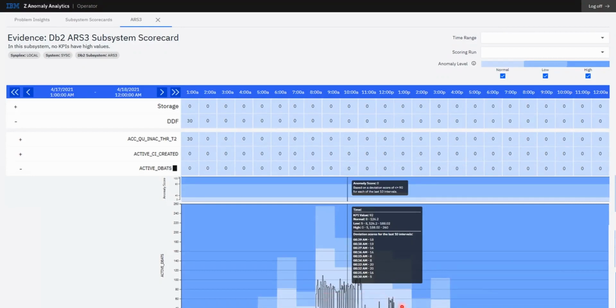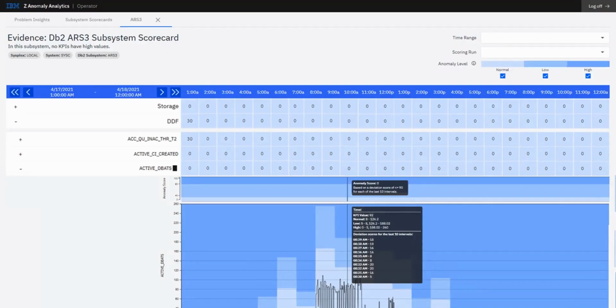Then as we get closer to noon, we go down towards a zero level, and we get back down to a very low number through the rest of the day. So the model indicates that everything we've seen here is relatively normal for this environment. We had no high anomaly scores or high watermarks, as reflected by all the zeros in the anomaly scorecard.